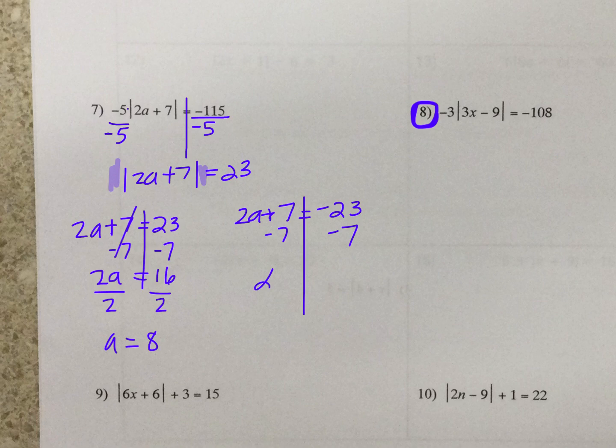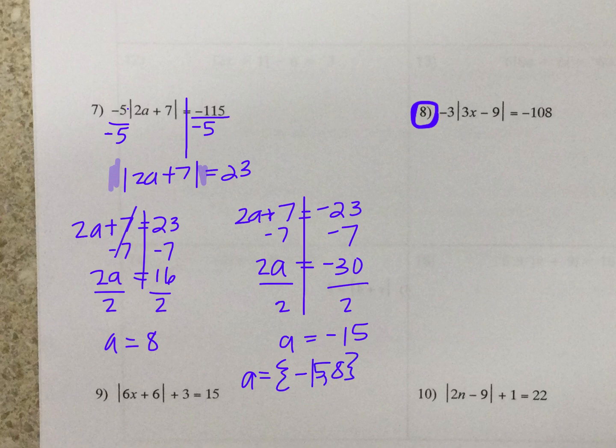And then I get 2a equals -30. Let's divide by 2. A equals -15. So for this, our a is going to equal squiggle -15 or 8.